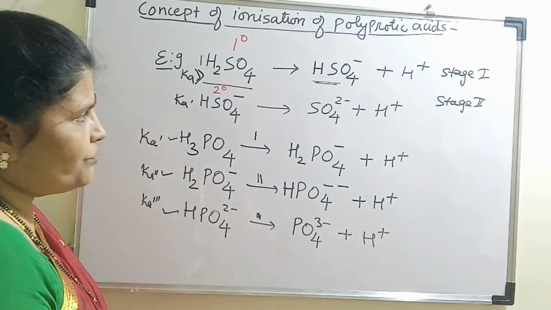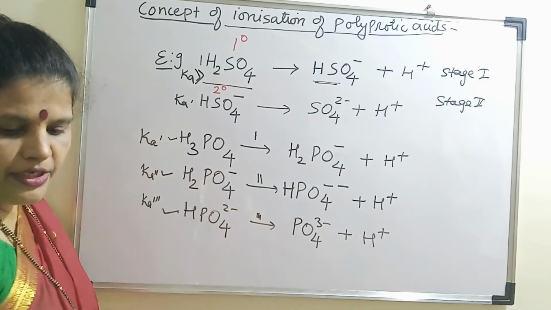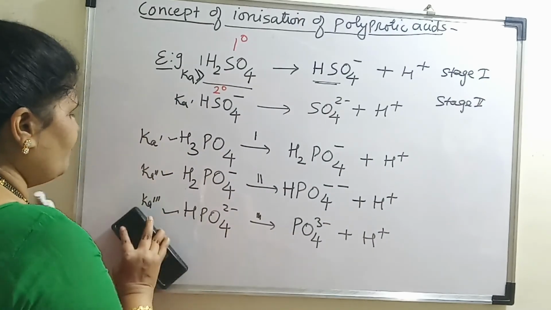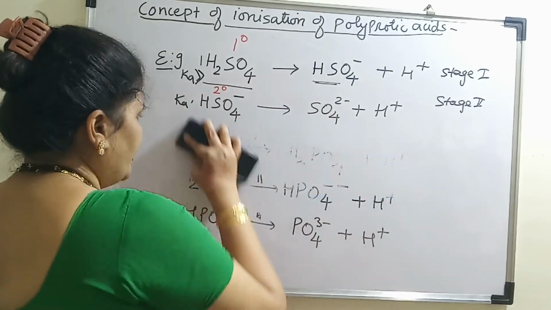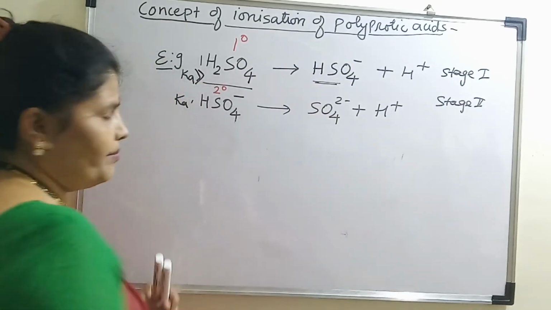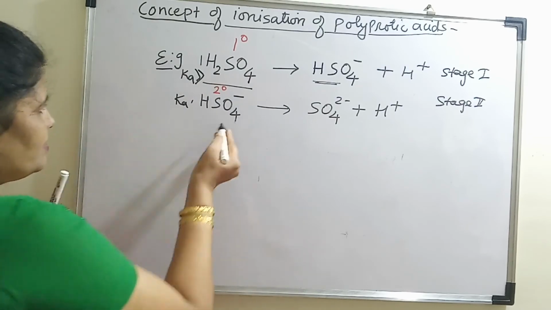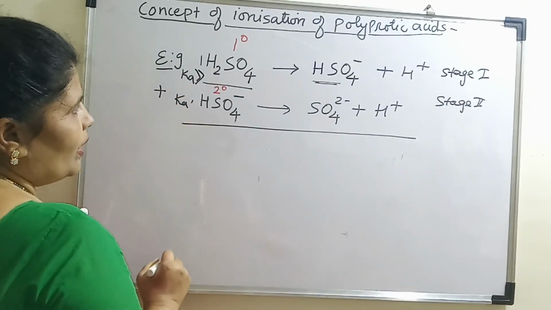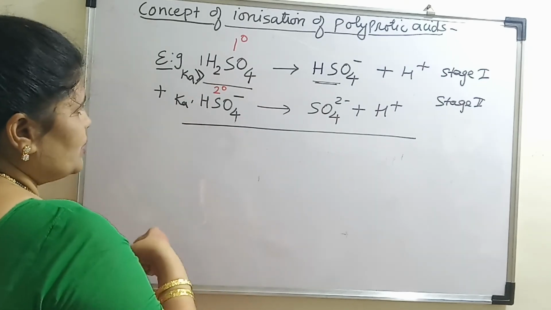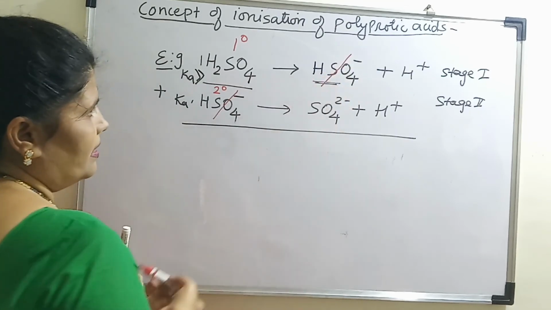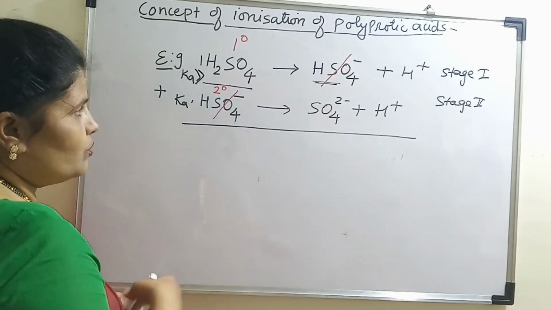Now, let us see how Hess law is applicable here, students. This is in connection with thermodynamics. If I add the two reactions of H2SO4, the HSO4 minus on both sides will get cancelled, and I will add up the two equations.